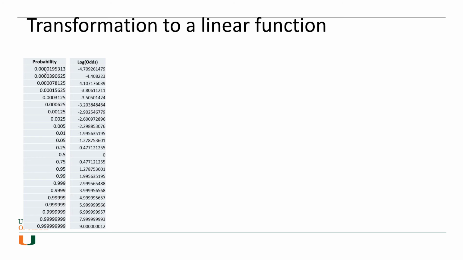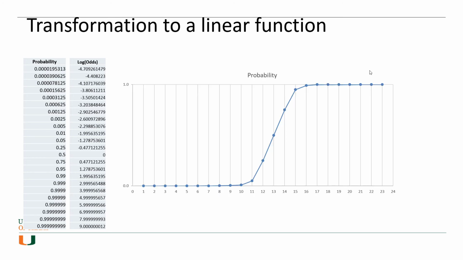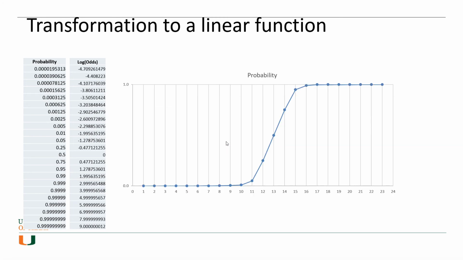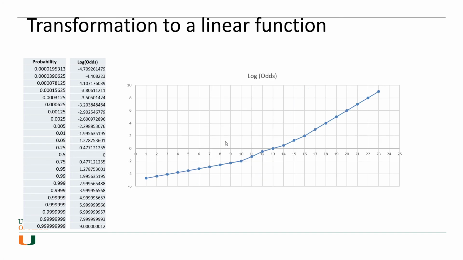Now, if I plot the probability, you would see that we have something like an S-shaped function. And if I plot the log odds, you would see that it is a linear function. So that is how the probability would transform from a nonlinear function to a linear function.